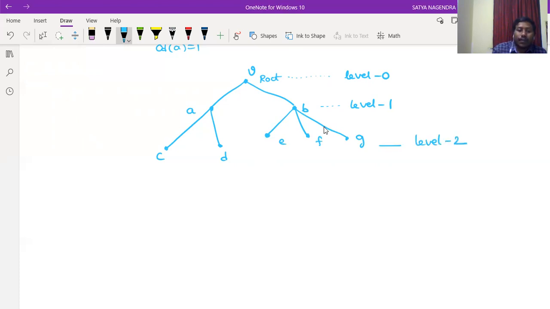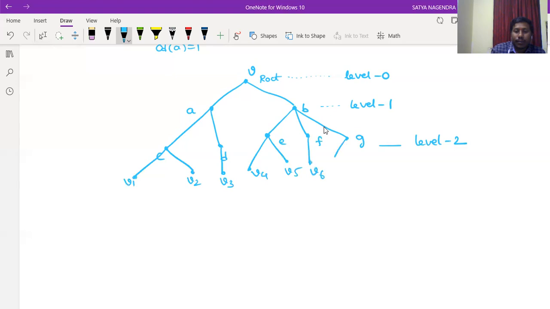Like this, we continue adding vertices from the vertices that we have in level 2, to get the vertices in the next level. So some other vertices here, maybe V1, V2, and only one vertex here, V3. Then V4, V5, and maybe only one vertex V6.